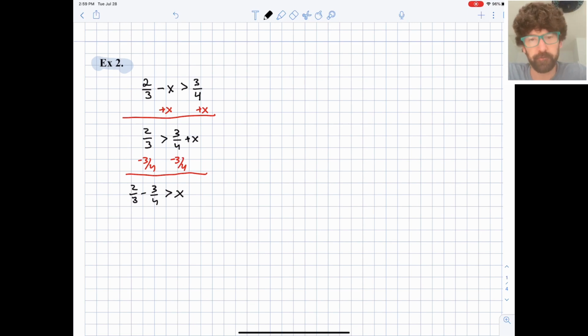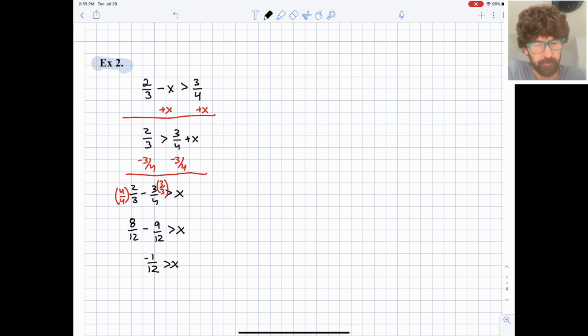Quick reminder, whenever you're getting common denominators, you can always multiply any individual piece in the equation by any special version of 1, and you don't have to do it to both sides. You can just do it to individual little pieces. So I get an 8/12 minus a 9/12 is greater than x. Okay, so we have our common denominators. Looks like we have -1/12 is greater than x.